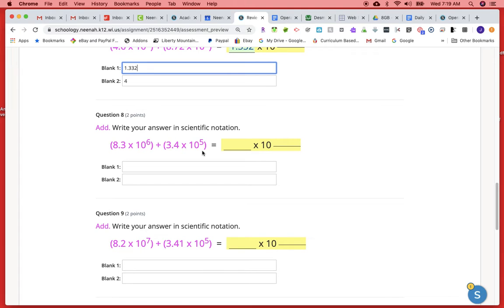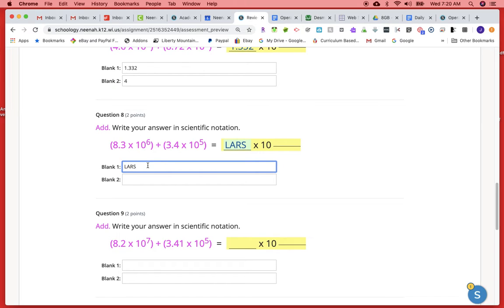So when I want to make my exponent bigger, so if I want to match, I want to change this 3.4 times 10 to the 5th. I want to make this 5th to be a 6 to match. I want to add 1, thinking of Lars. If I want to add 1, I'm looking at moving my decimal to the left. Being we're adding 1, we have to move our place value only 1.